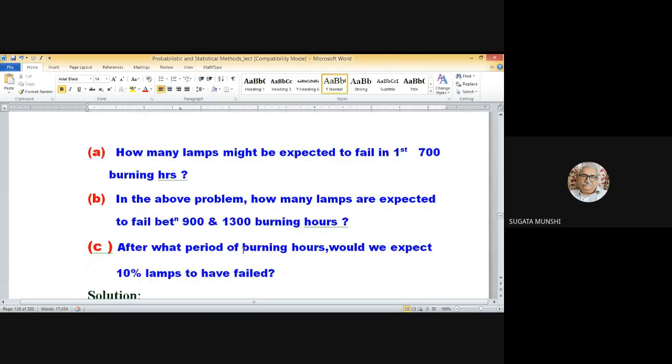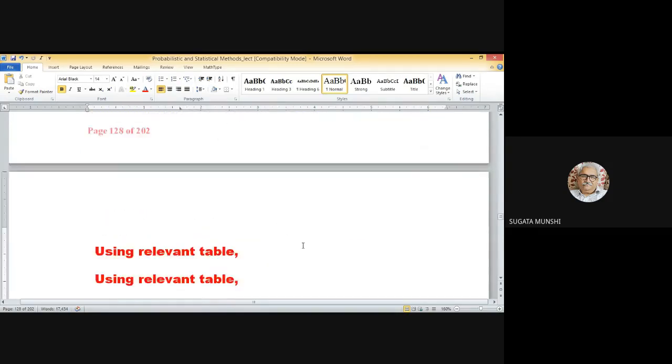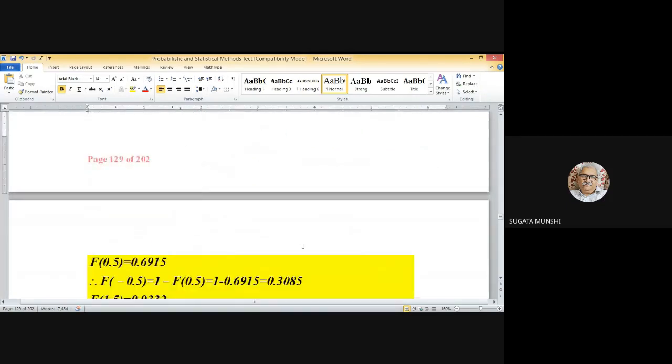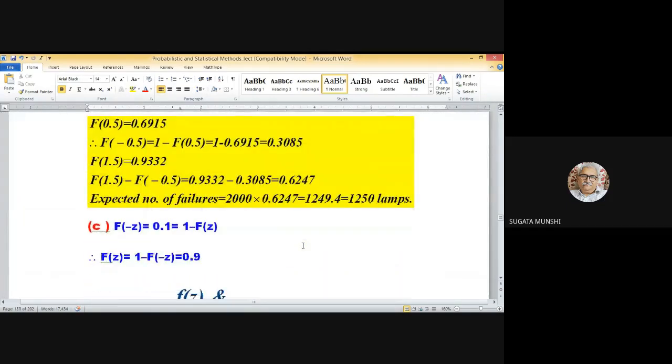After what period of burning hours would we expect 10% lamps to have failed? So the probability value has been given, isn't it?